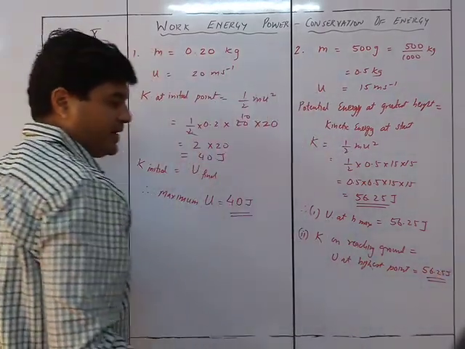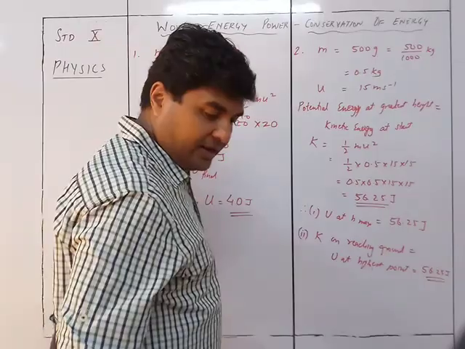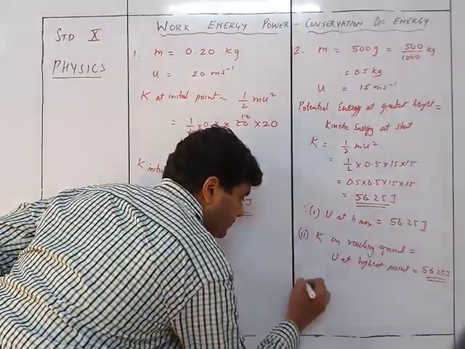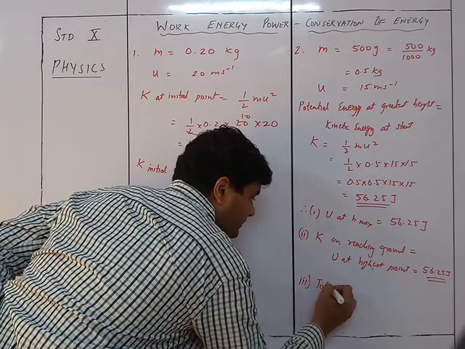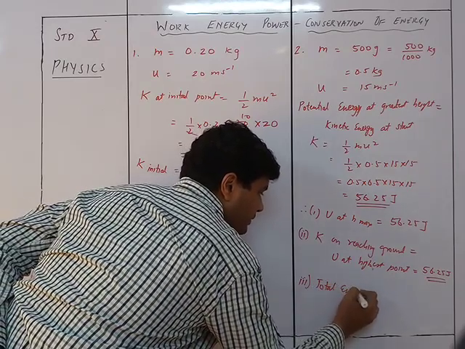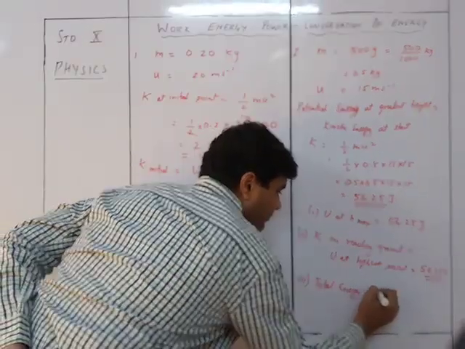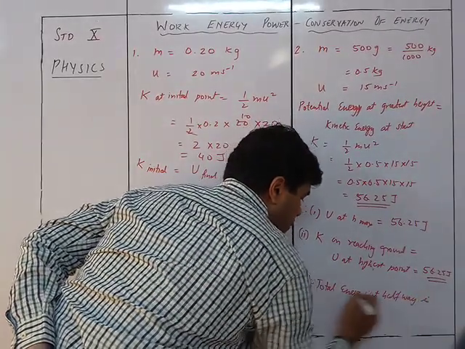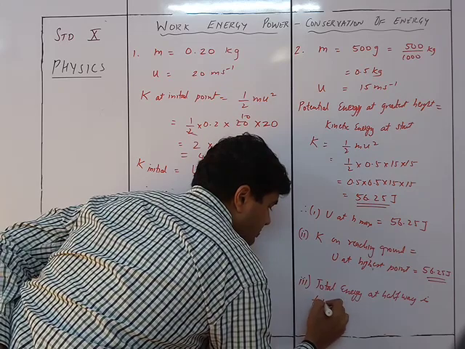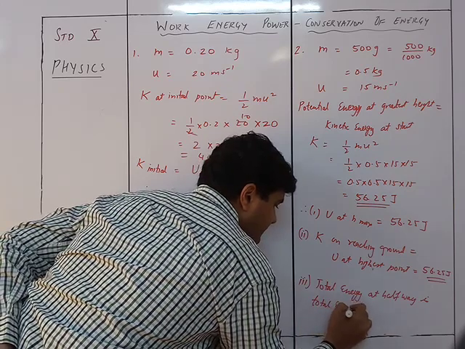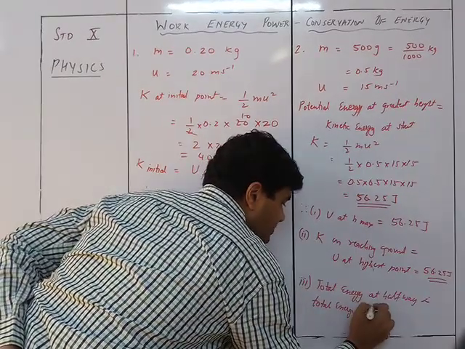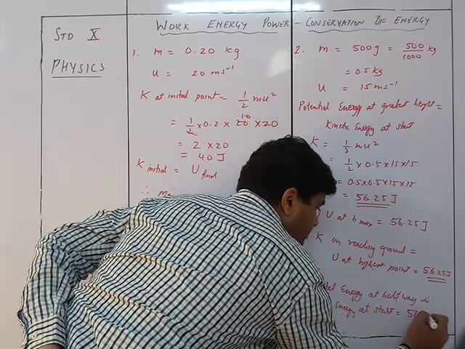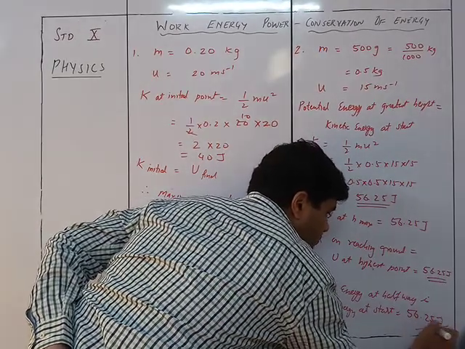No calculation required, directly the answer. Finally, the total energy at the halfway point. So total energy at halfway is total energy at start, which is equal to 56.25 joule.